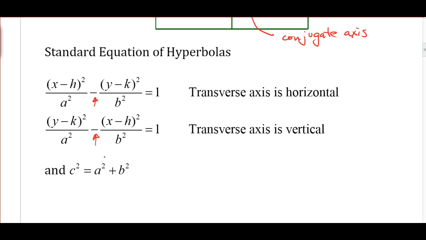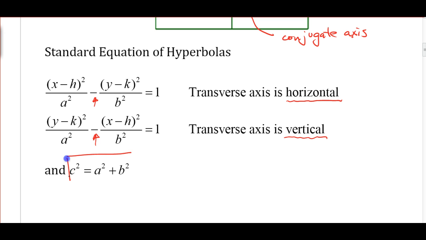So what determines horizontal or vertical transverse axis is which one of our terms, x minus h squared or y minus k squared, comes first. So if our x minus h squared is first, we've got horizontal. Okay, x is our horizontal axis, so our hyperbola is horizontal. Or if y minus k squared comes first, we know the transverse axis is going to be vertical. It's going to open up and down.